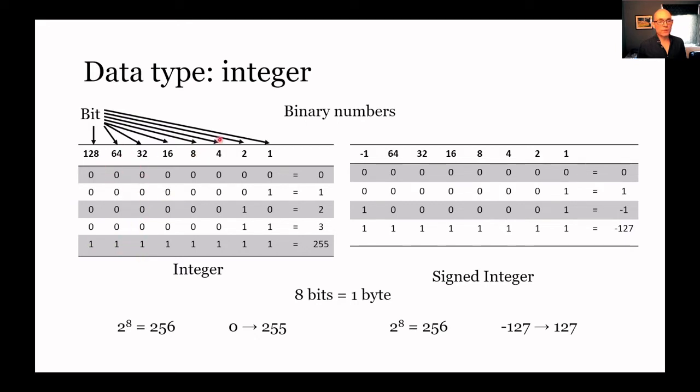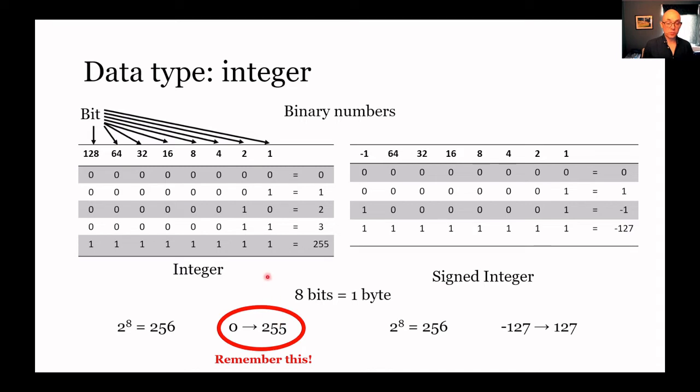If we add up all of those columns, the sum is 255, which is important, and that number comes up all the time. So remember it. It's a very important number when working with computers. 0 to 255, these are the values that we can store natively within 1 byte.